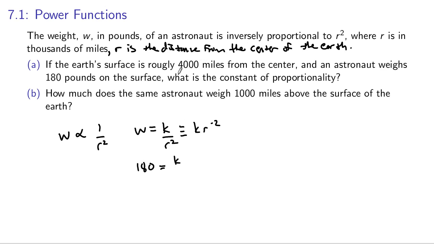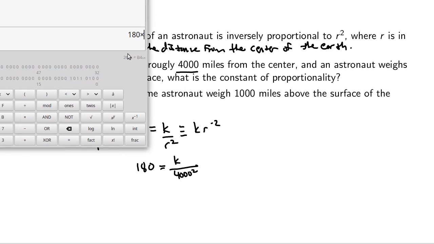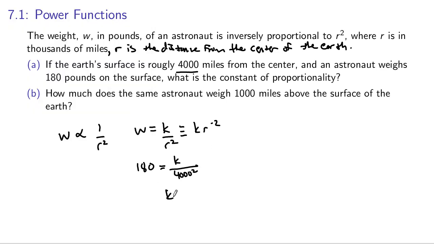And we know that they're roughly 4,000 miles from that center. So we need to find k, the constant of proportionality. So we do some arithmetic here. We have 180 times 4,000 times 4,000 is k, or 2.88 times 10 to the third power.